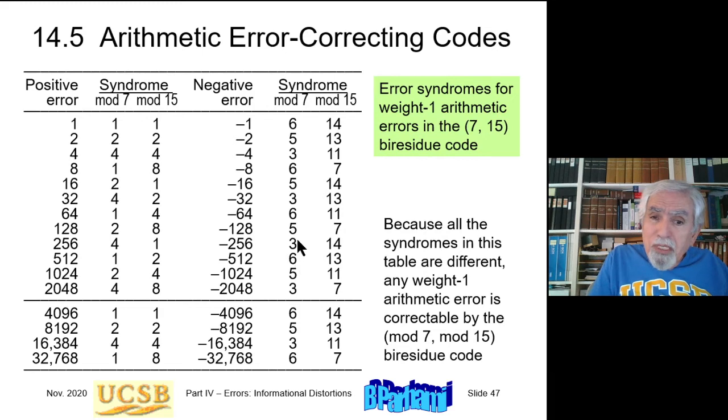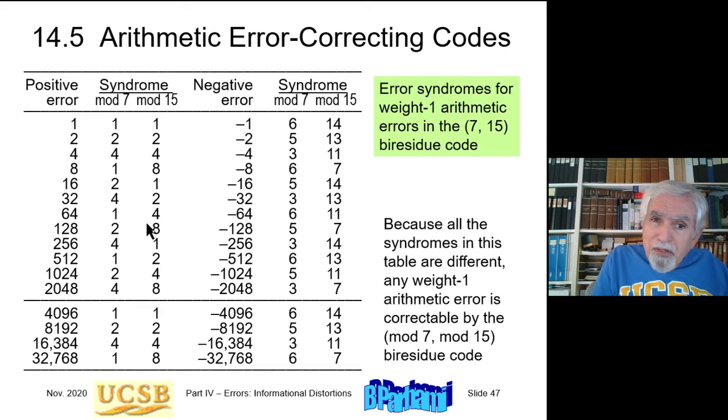Now, if you compute the syndrome of a particular word, and you see that the mod 7 residue is off by 6, and the mod 15 residue is off by 11, syndrome 6, 11 pinpoints the error. The error is negative, and it's 2 to the 6. In other words, 2 to the 6 pinpoints a particular bit in the data word that is in error.